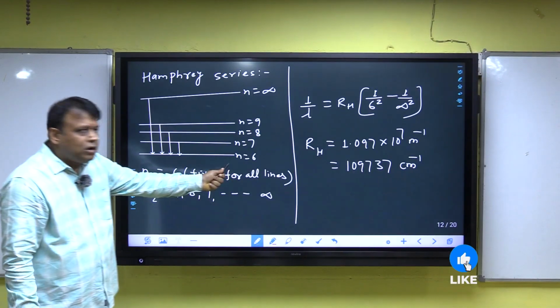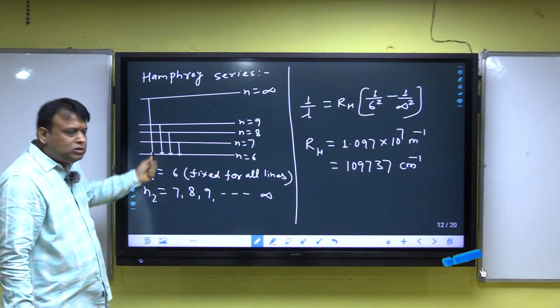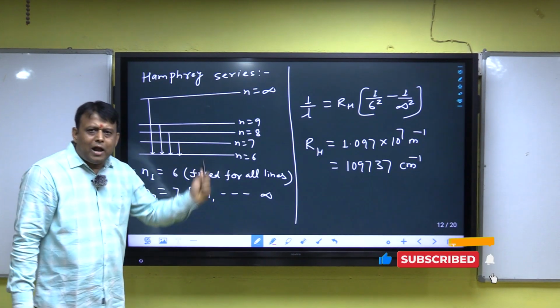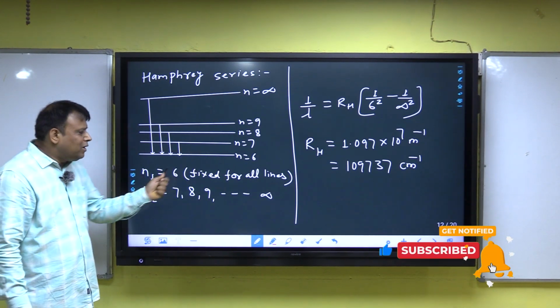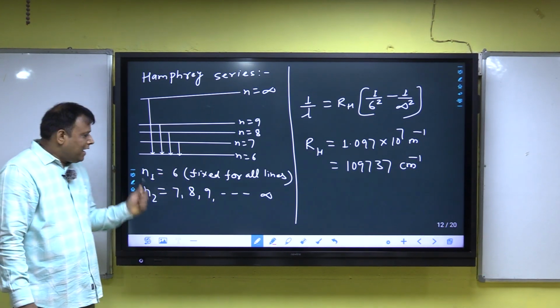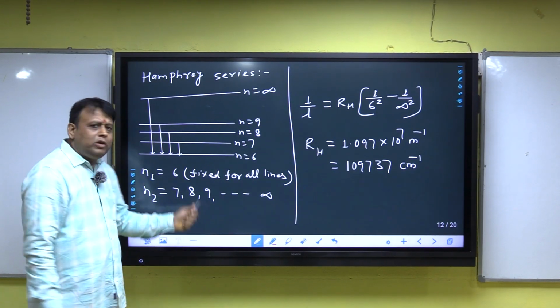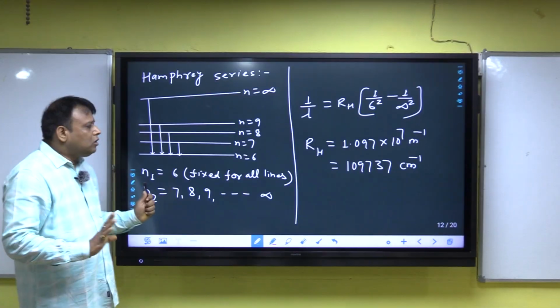That means n is equal to 6; infinite to 6, 8 to 6, 9 to 6, 7 to 6, all are Humphreys. For Humphreys, n1 is equal to 6, and it is fixed. N2 is equal to 7, 8, 9, dot, dot, dot, infinite.